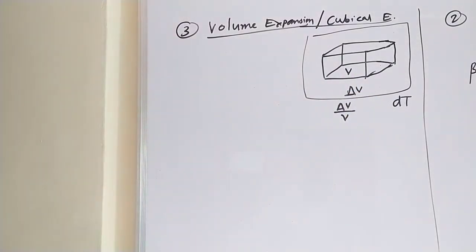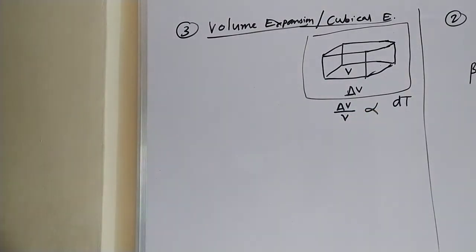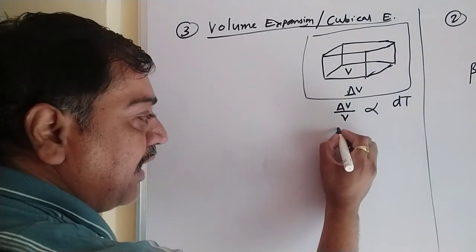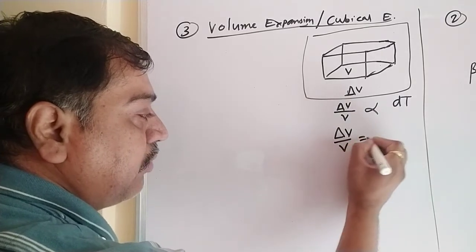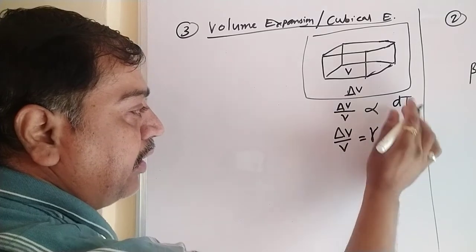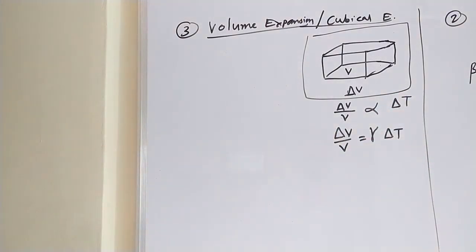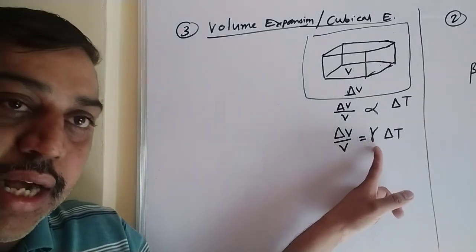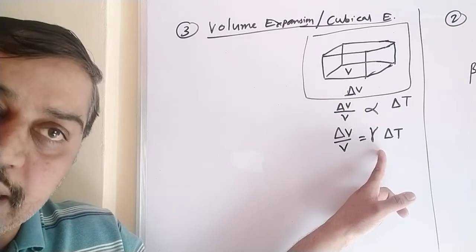Change in volume divided by original volume is directly proportional to temperature. So again, I want to remove this proportionality sign. You can write delta V divided by V is equal to gamma, the constant of proportionality, into delta T. So gamma is said to be the constant of volume expansion or cubical expansion.